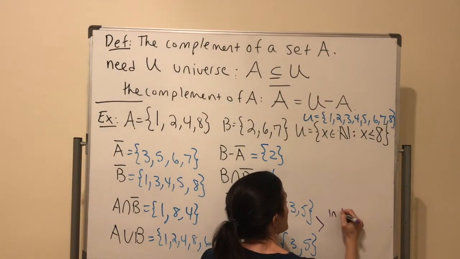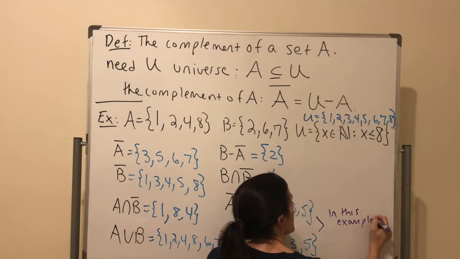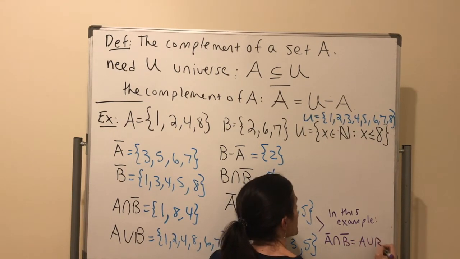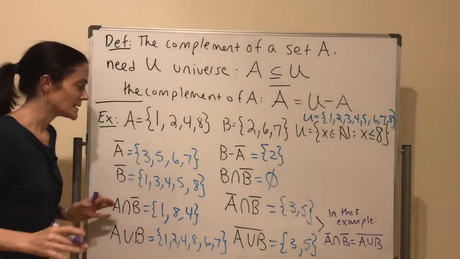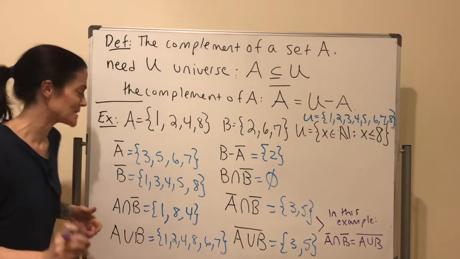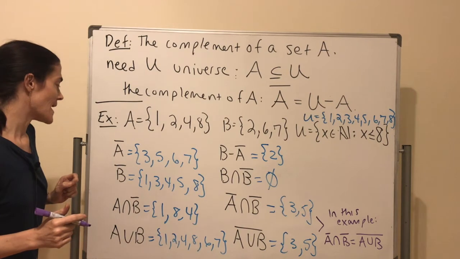We see A complement intersect B complement is A union B complement. But there's really more that I want to say for some of these.